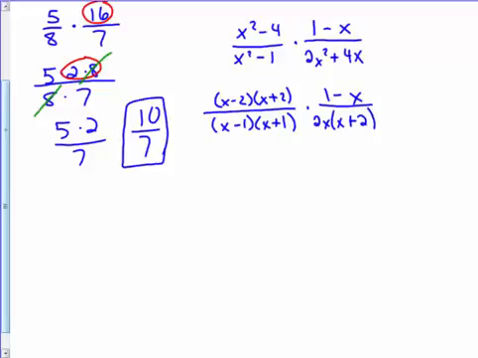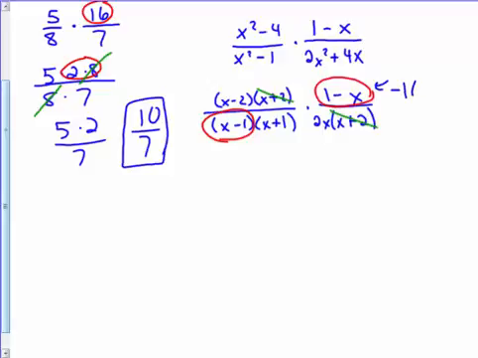At this point, what's going to cancel out? The x plus 2's are going to cancel out. Now, something to look at here. I have 1 minus x and x minus 1. They're opposites here. So I'm going to take a negative out of the 1 minus x on the top.